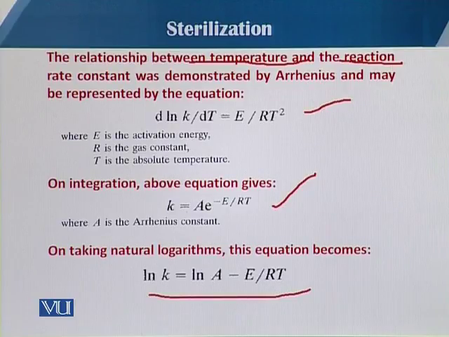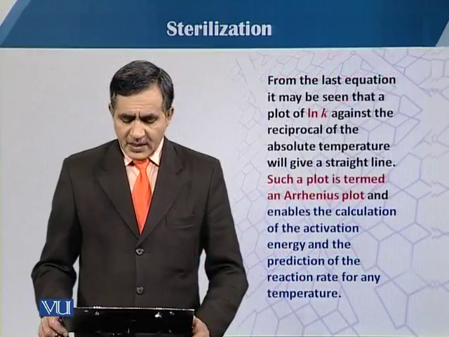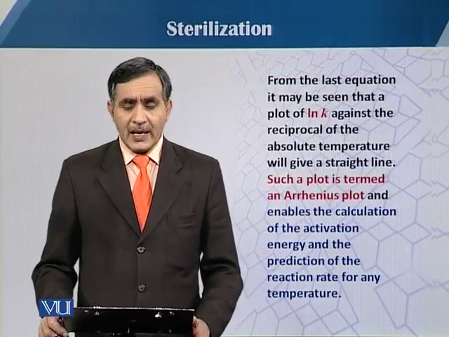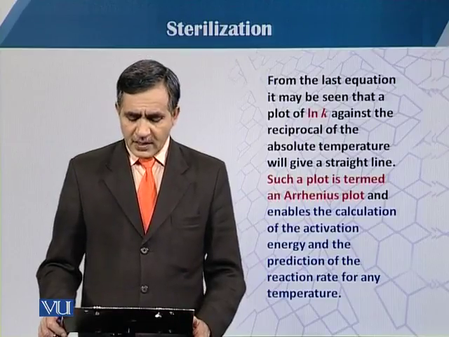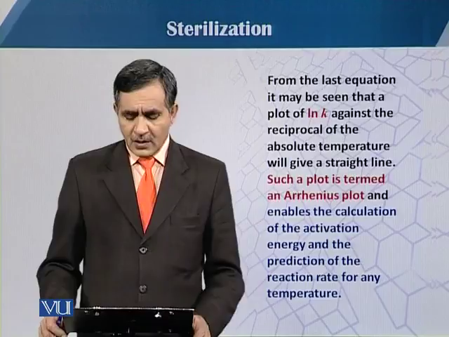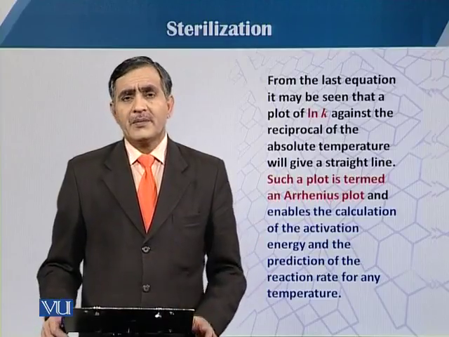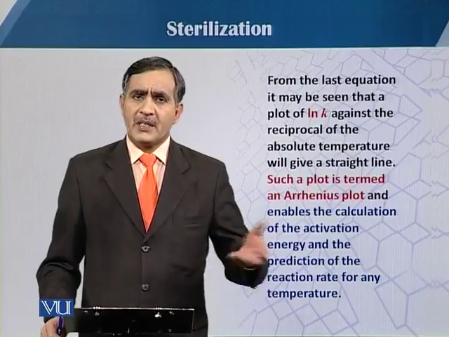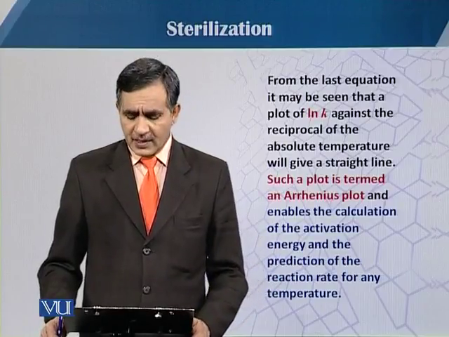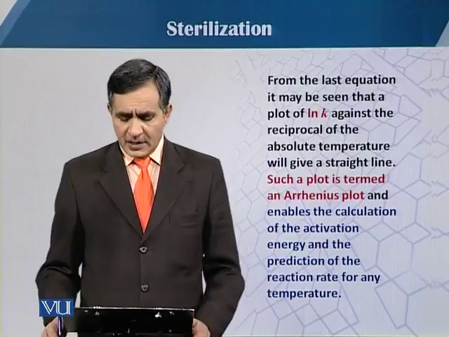So if we plot the graph between these two, it may be seen that the plot of ln K against the reciprocal of the absolute temperature will give a straight line. Such a plot between the reciprocal of the temperature and the natural log of the rate constant is known as the Arrhenius plot.